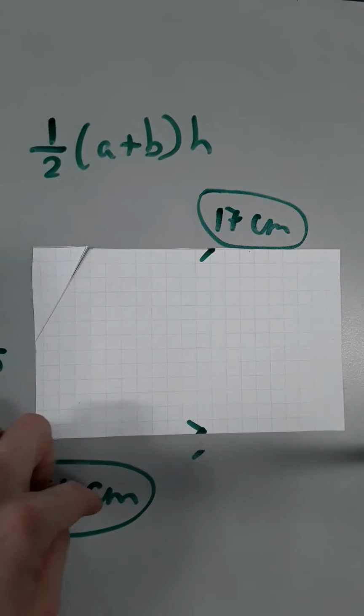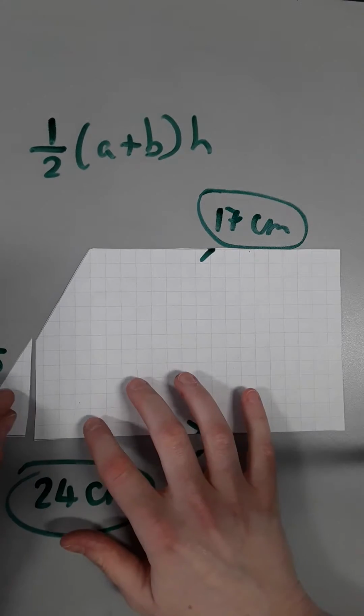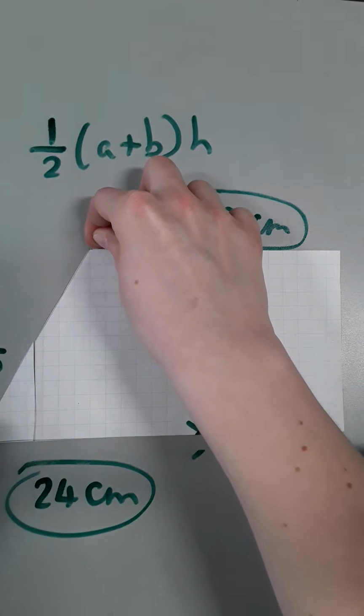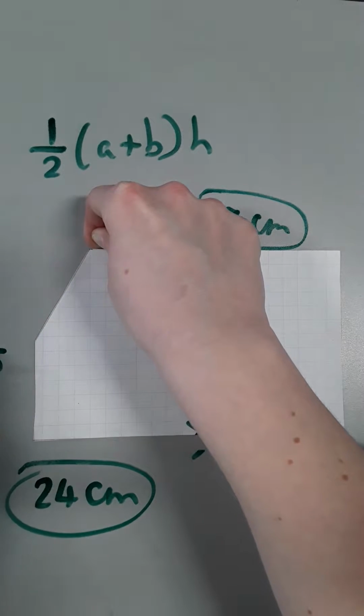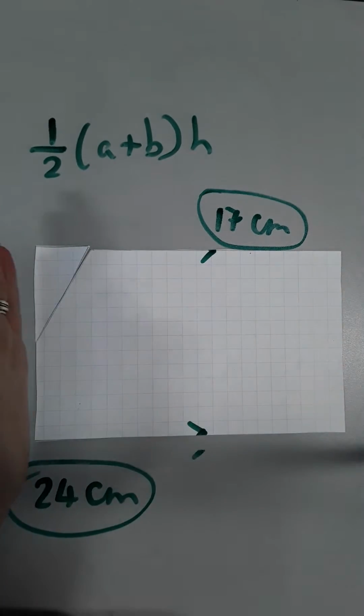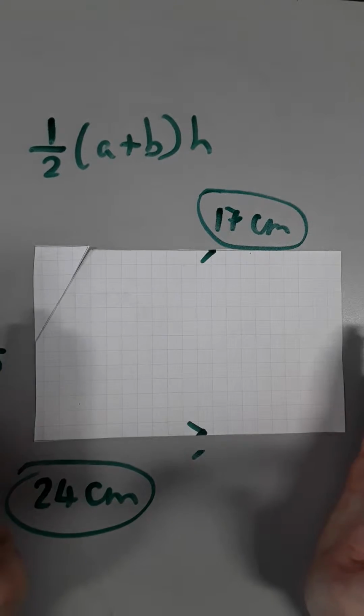So by averaging the two parallel sides, it allows me to find the midpoint between the start of this triangular section and the end of this triangular section. And by cutting down from the midpoint, it allows me to create a triangle that fits exactly in my gap. So now I can model it on a rectangle.